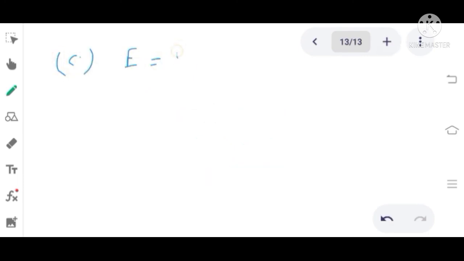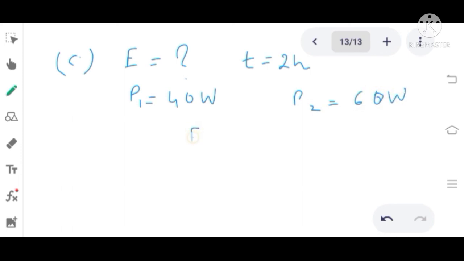E is asked, time is given as 2 hours, and power is given: for the first lamp it is 40 watts and for the second lamp 60 watts. The formula that involves P, E and T is energy is equal to power into time. Very important formula in power.